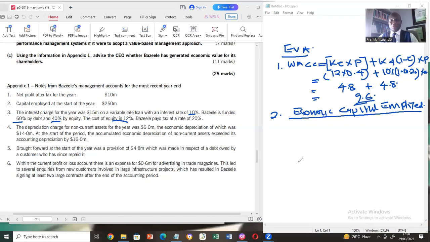So at the beginning of the year, if economic depreciation is equal to accounting depreciation, then you are not going to adjust the capital at the start of the period.